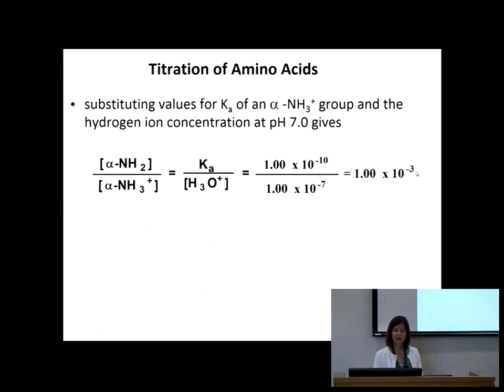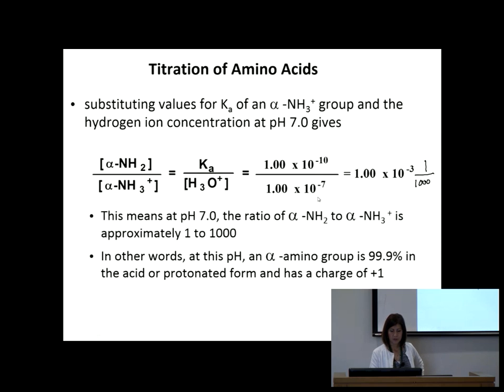Yeah, that you have 1,000 times more acid form than you do base. Really, this is the same as 1 over 1,000. So that means we have 1,000 times more proton on than we do proton off. So basically, it's almost all in the acid form.